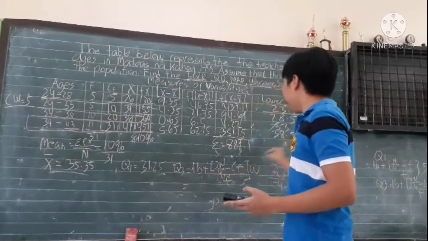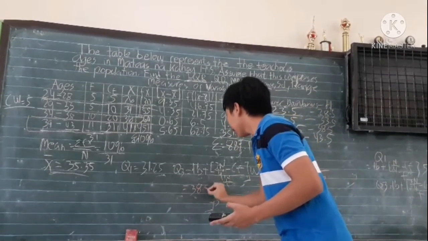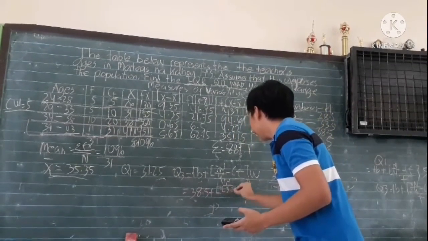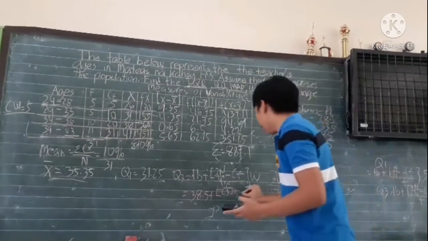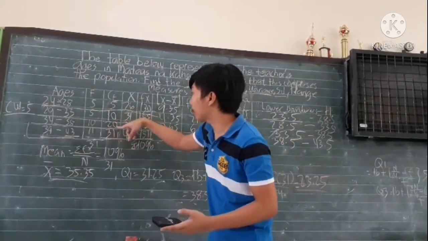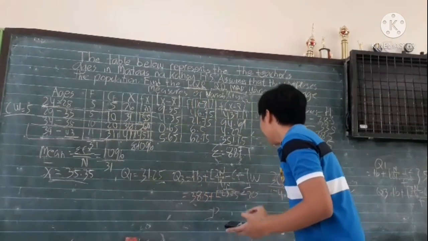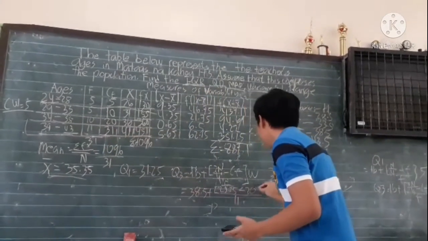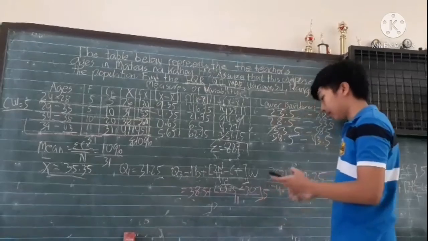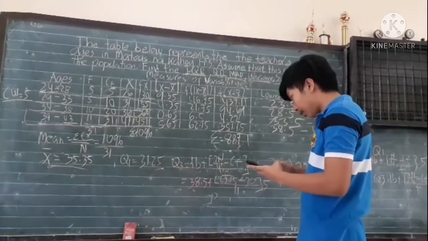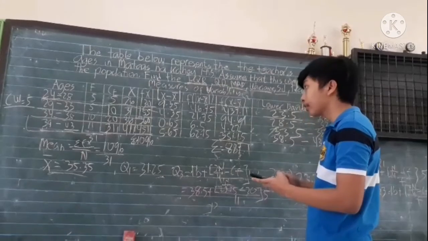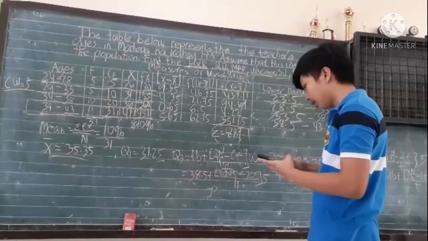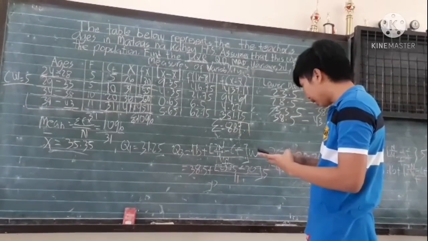We go to 38.5 plus 23.25 minus the cumulative frequency above, 20, and 20 over the frequency of our class, 11, times the class width 5. 23.25 minus 20 divided by 11 times 5.